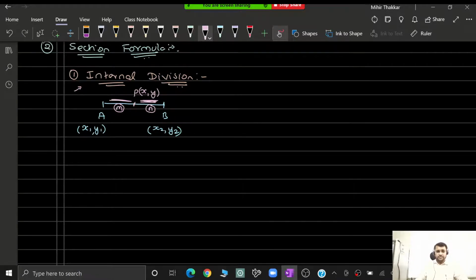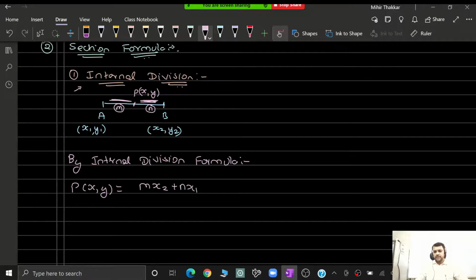So in this case, the point P(x, y), by the internal division formula, is given by (mx2 plus nx1) upon (m plus n). Same thing for the y coordinate, (my2 plus ny1) divided by (m plus n).